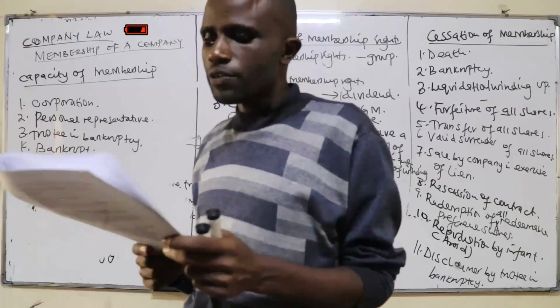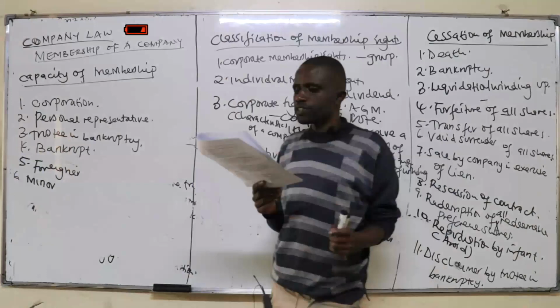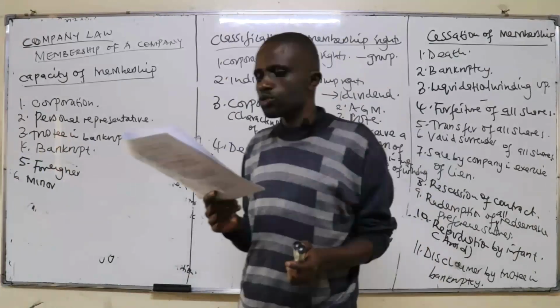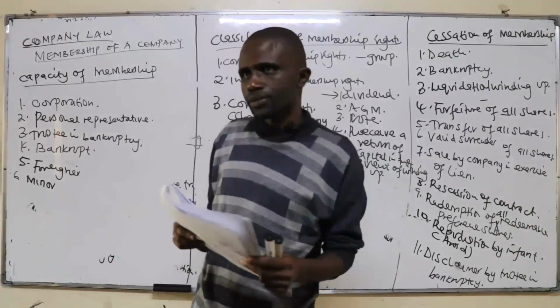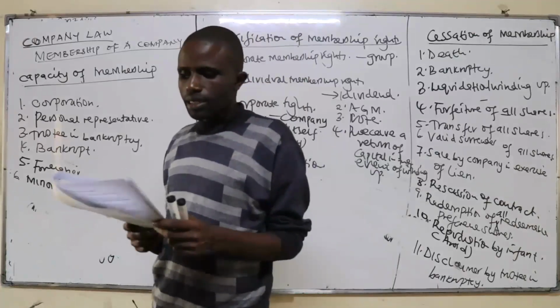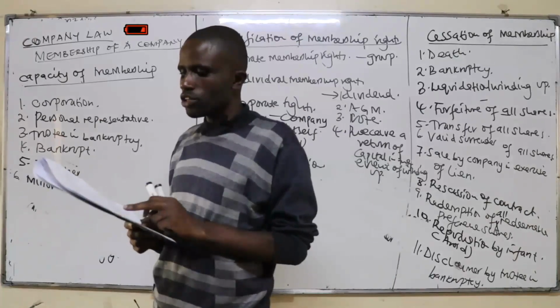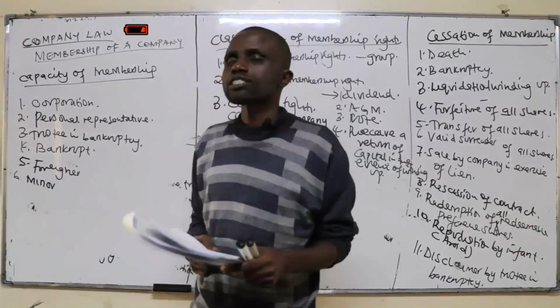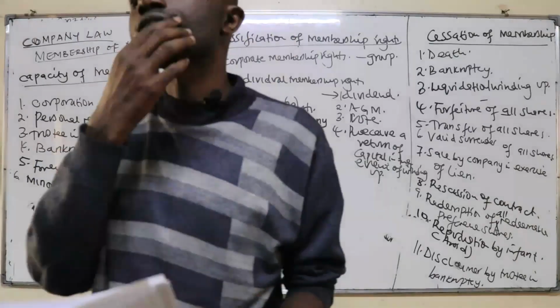If a company officer refuses an inspection or fails to provide a copy, the company and every officer of the company in default shall be liable to a fine not exceeding 75,000. Now, the court can compel an immediate inspection of the register and direct that copies required shall be sent to the person requiring them.